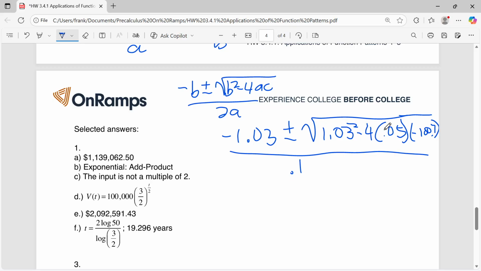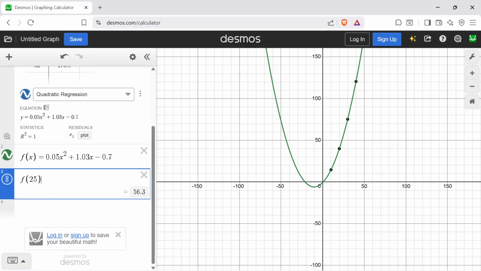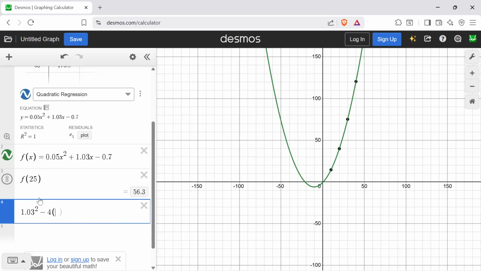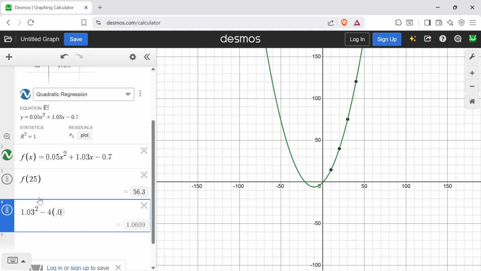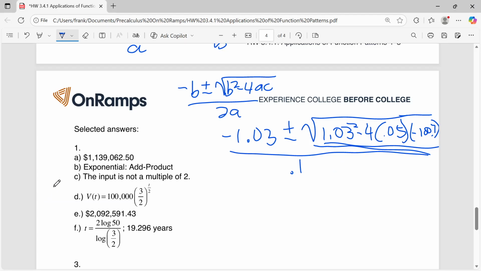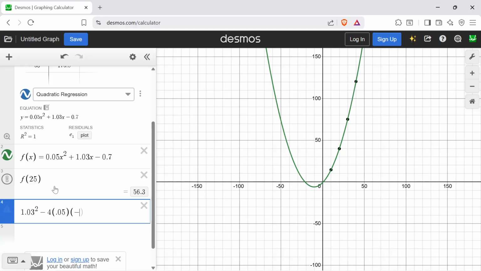That's the exact answer. Now you can calculate this part and get what's in that parenthesis, and then negative 1.03 plus the square root of that over 0.1, negative 1.03 minus the square root of that over 0.1, but that's all we would have to do. Well, I'll do this on Desmos. 1.03 squared minus 4 times 0.05 times minus 100.7.